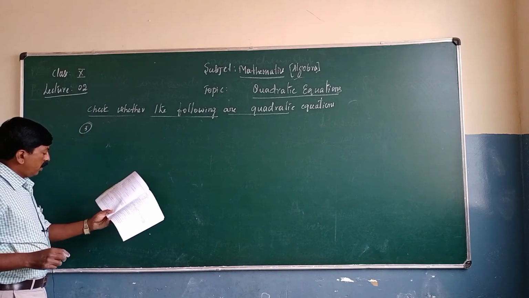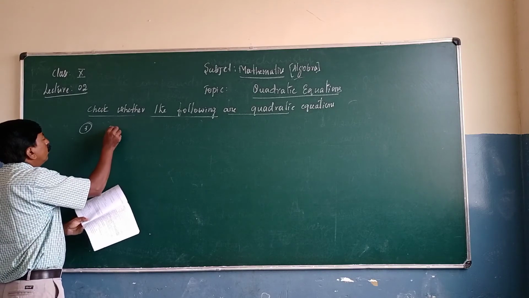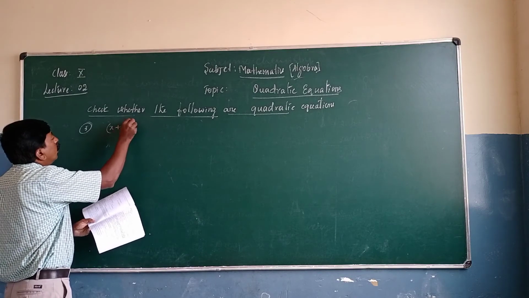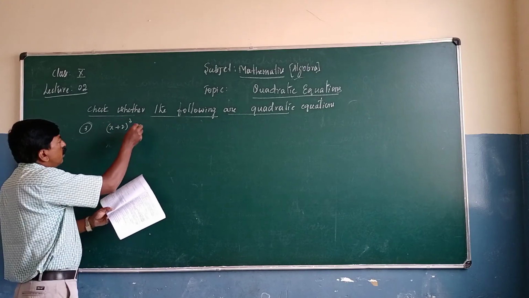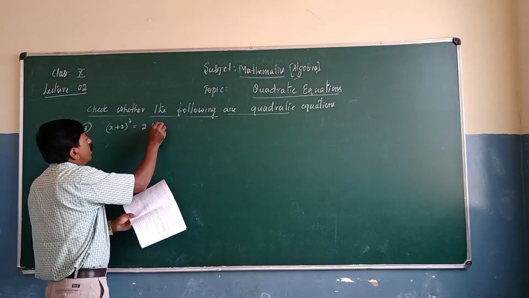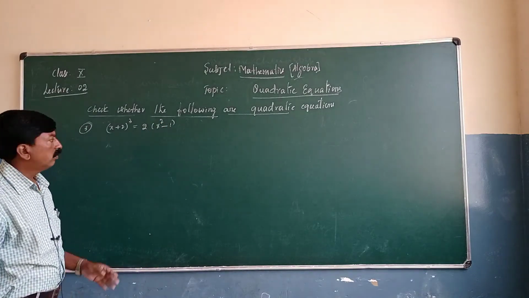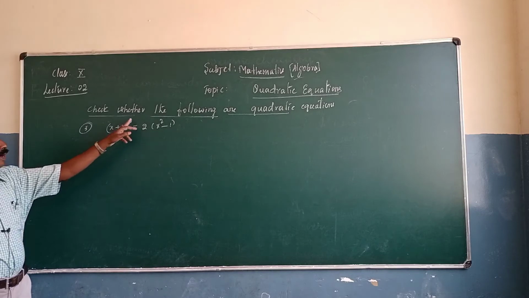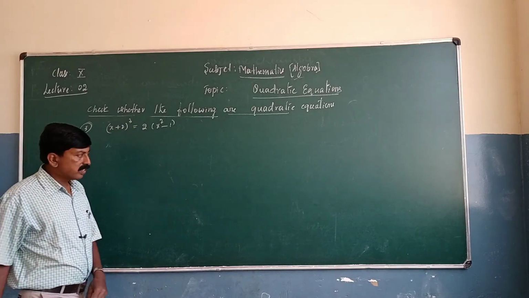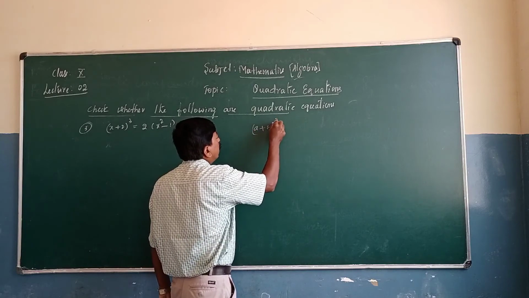x plus 2 whole cube, which is equal to 2 times x square minus 1. Now, cube of a binomial, a plus b whole cube.